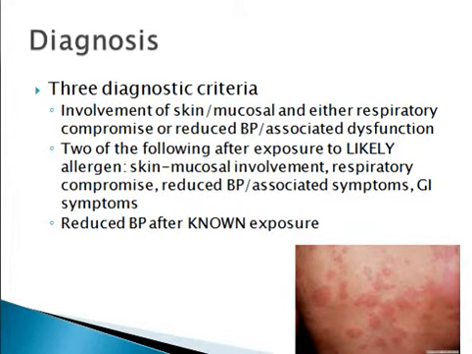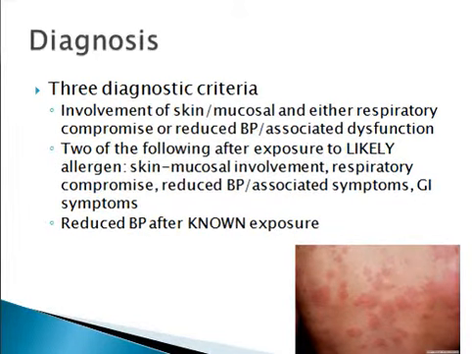Respiratory compromise, you're looking for a patient with dyspnea, they're in a tripod position, wheezing, bronchospasm, stridor, or even hypoxemia. With reduced blood pressure, you look for someone much lower than baseline systolic blood pressure, and associated dysfunction includes hypotonia, syncope, or even incontinence.